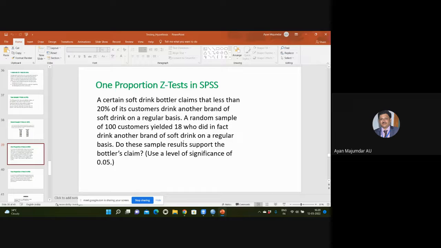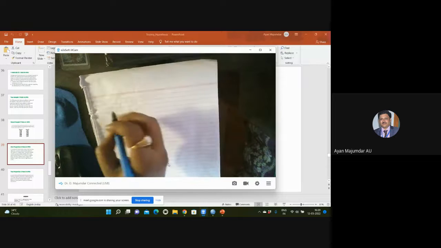Now, this is a one proportion test of a large sample more than 30. So we will be using the Z test. What will be the null hypothesis here? Null hypothesis is that the proportion should be 20%, that is 0.2, and H1 is that the proportion is less than 20%.